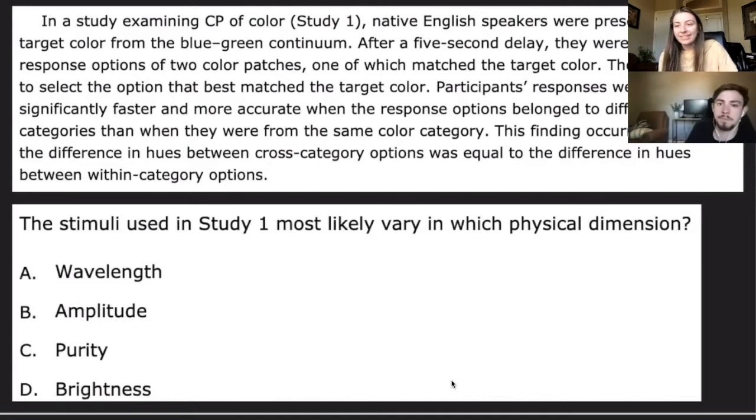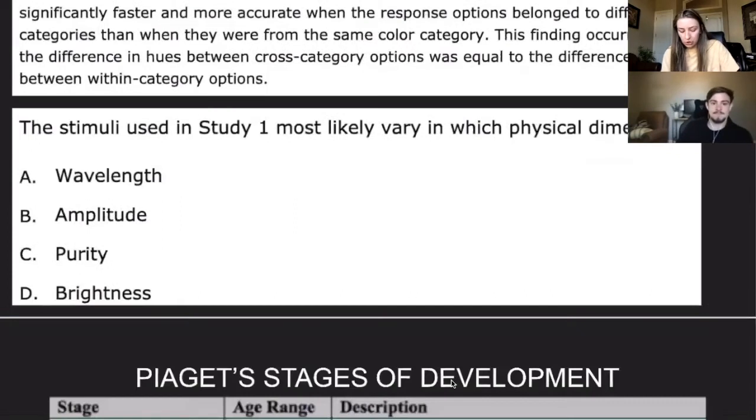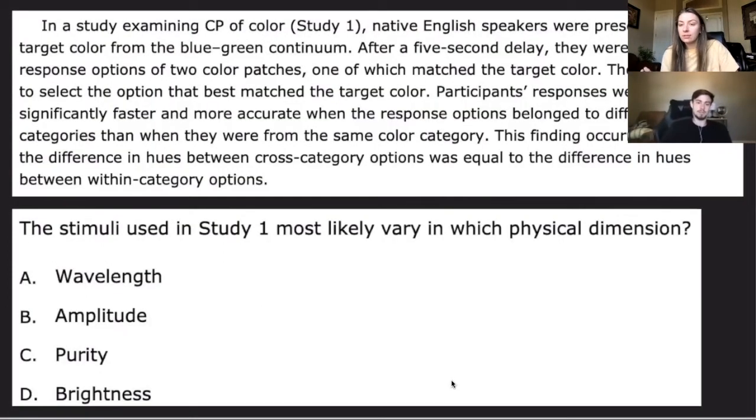And A is correct. I know a lot of times these questions seem so easy because we've just gone over the material, and the hardest part about these questions is figuring out what they're even asking. But here it's going to be asking about the visible light spectrum.